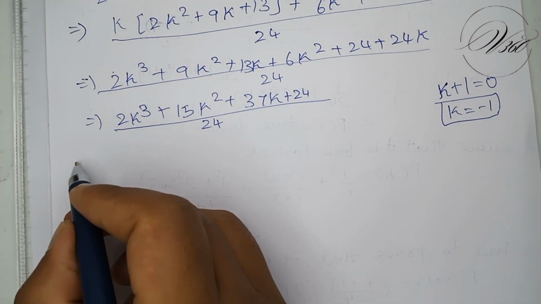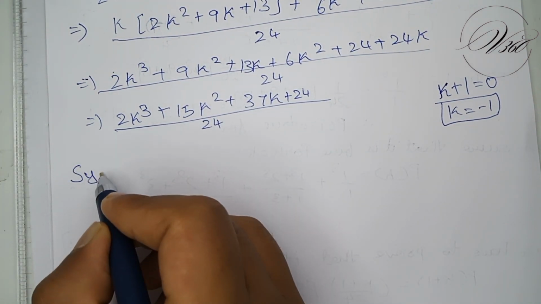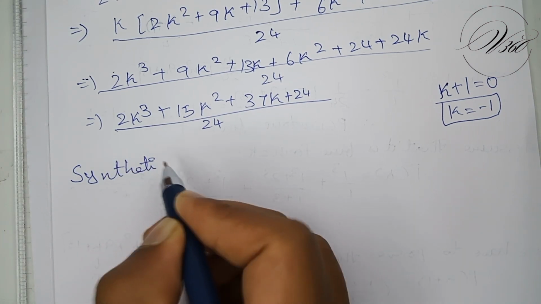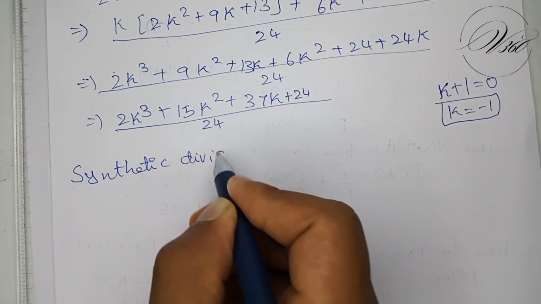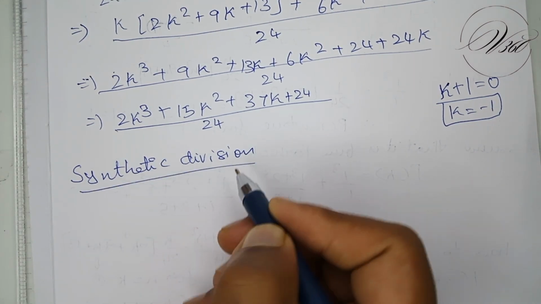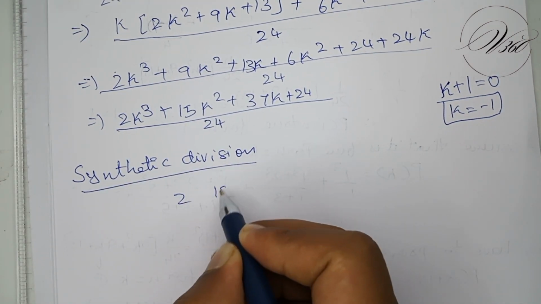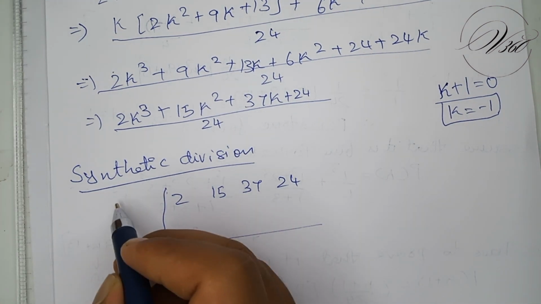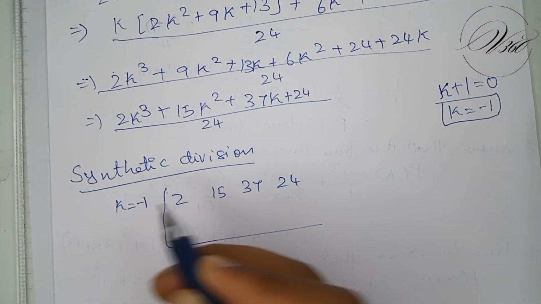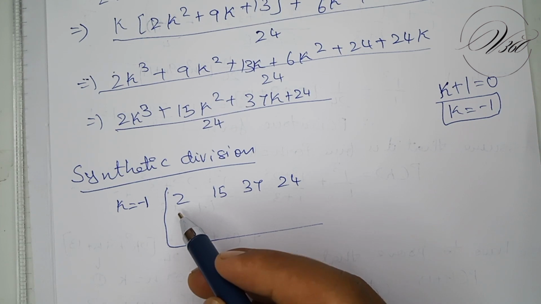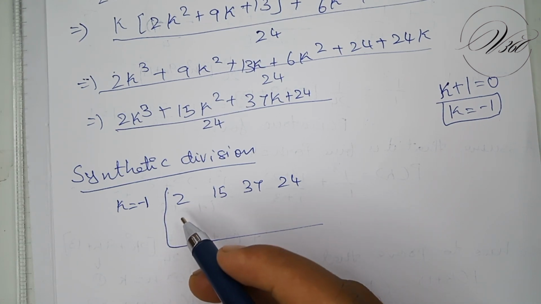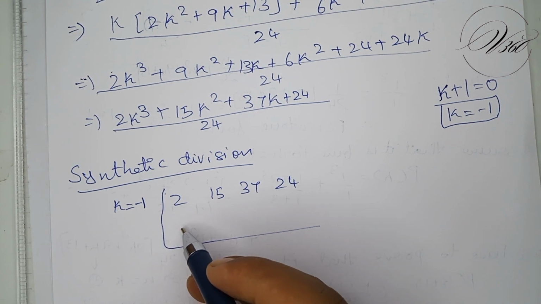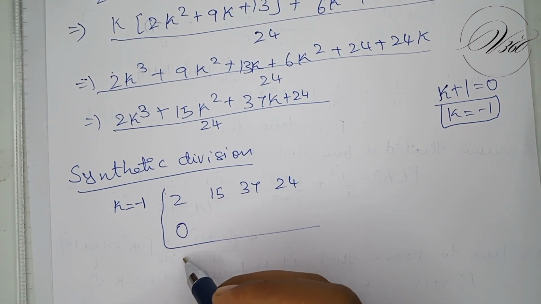Now here we will do synthetic division. Here we will take 2, 15, 37, 24. Here k is equal to minus 1. So the first zero is 0, and we get 2.